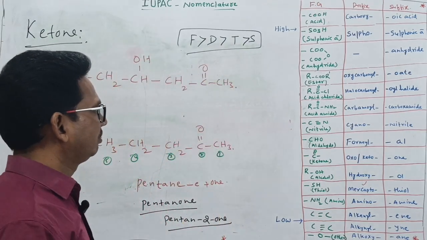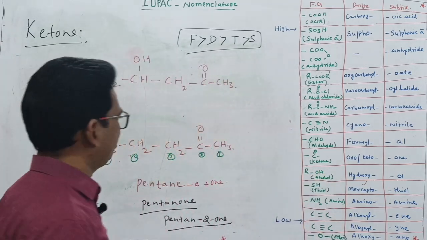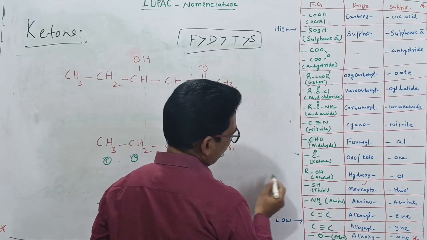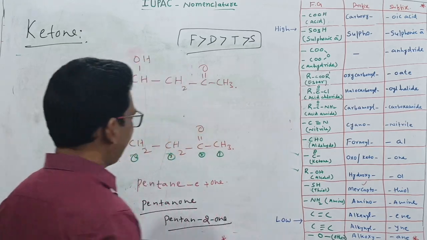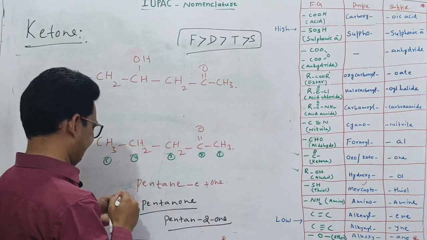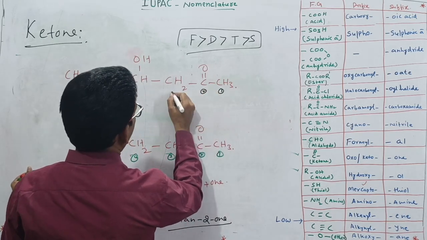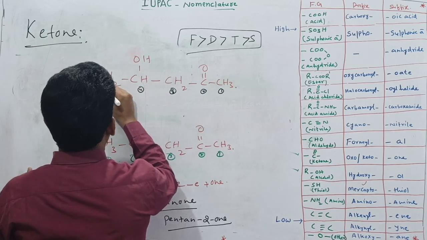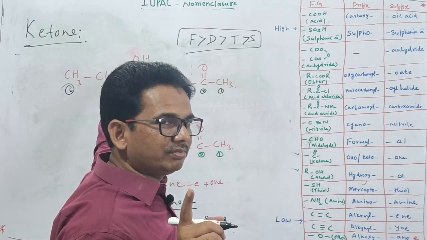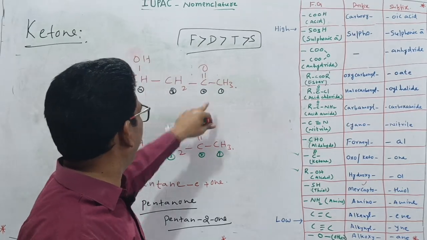Which is more prior, ketone or alcohol? Ketone has more priority. So numbering from where we have to start? From the ketonic side. Ketonic side means 1 2 3 4 5 6. OH is not called alcohol, because we are writing it as a substituent, lower priority when compared to the ketone.